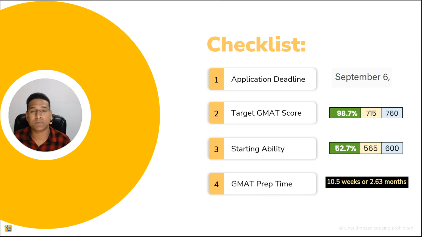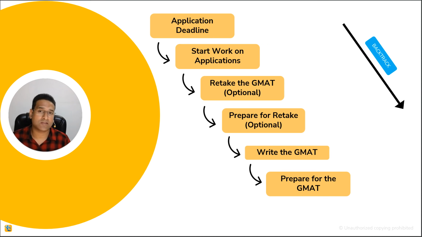Now that we have all 4 pieces of information, we are ready to answer the question how to choose your GMAT test date. Now, in order to answer this question, we are going to backtrack from your application deadline. Now, we have already understood that our earliest deadline is the 6th of September this year.